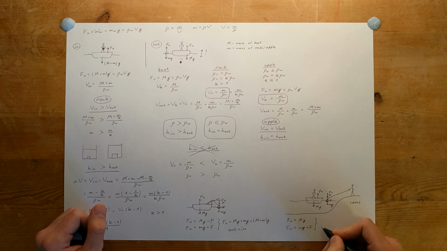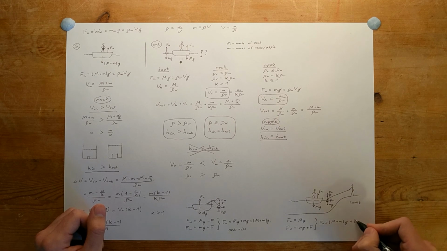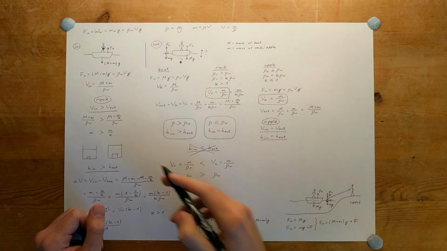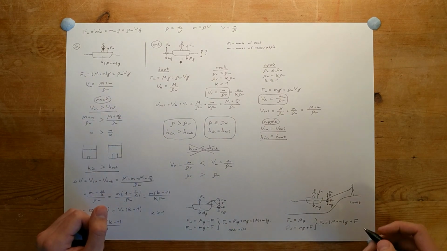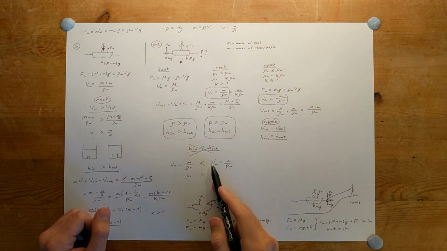And if we add those together, we get that the total upthrust force is equal to M plus m times g plus F, which is greater than the initial upthrust by F. So this is greater by F than the initial upthrust. Therefore out is greater than in, and this is exactly what we wanted to get.